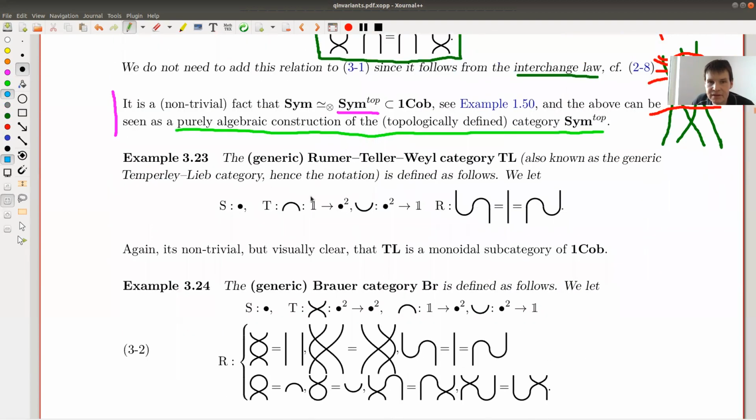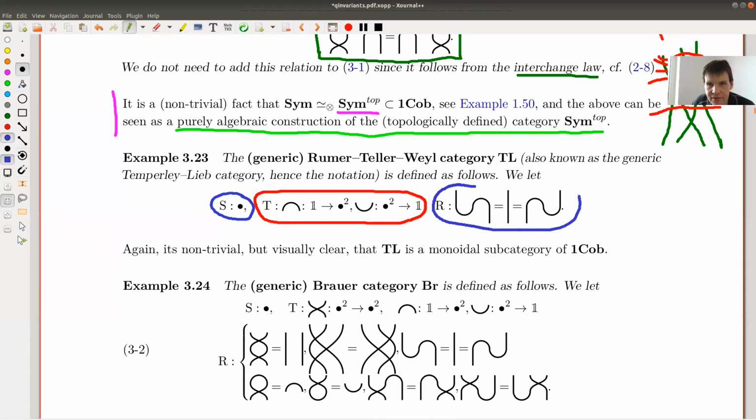So let's try to describe the whole category, or well, not yet. Another monoidal subcategory. This will be the whole category. Another monoidal subcategory. The idea is the same. You just have dots, and now you have two morphisms, and you have one relation which should look very topological in nature.